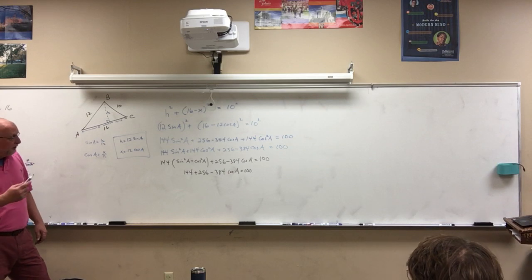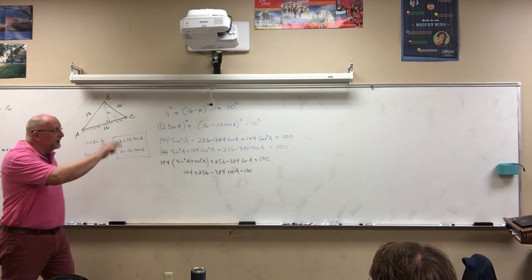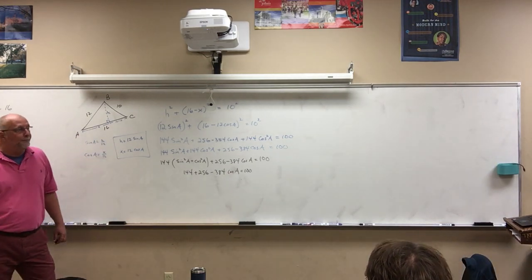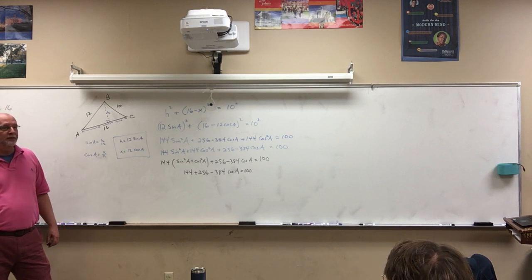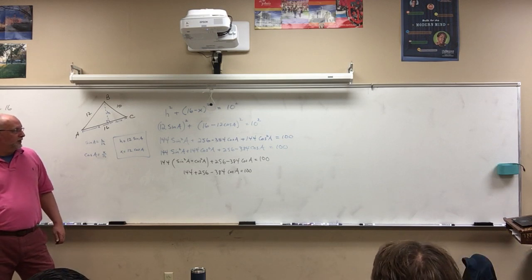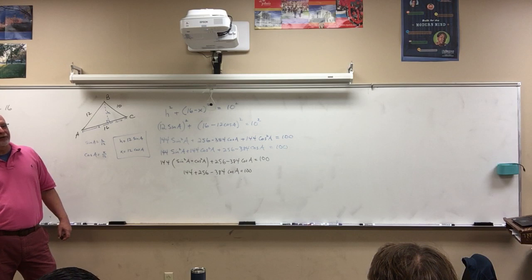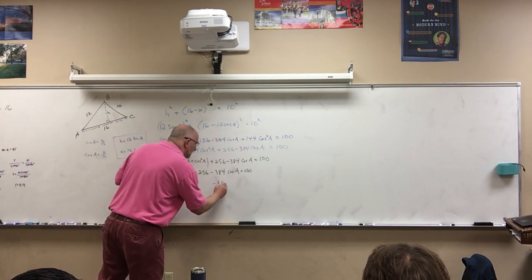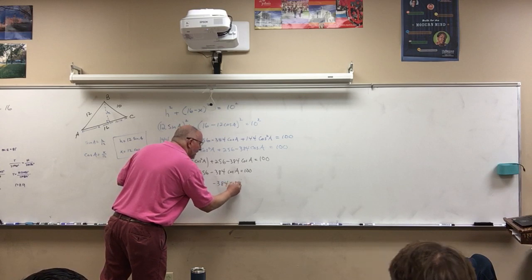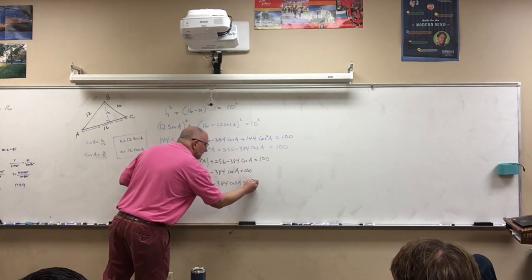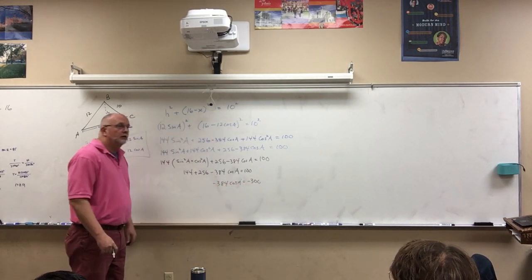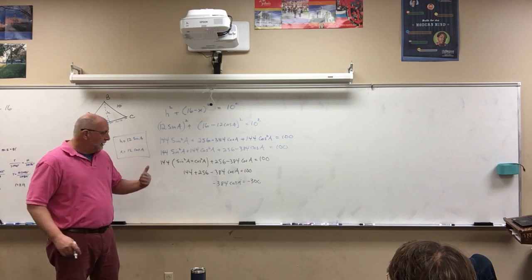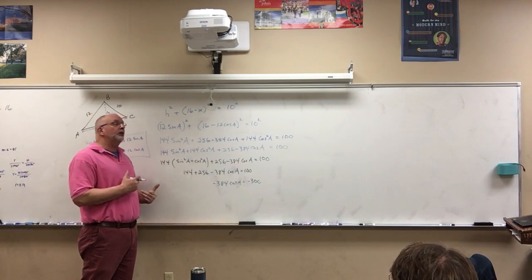So now I need to bring the 144 and the 256 over to the other side. Somebody help me out with that. So 100 minus 144 minus 256 is negative 300. Is that right? Yes, he's right. So I'm going to divide both sides by negative 384.